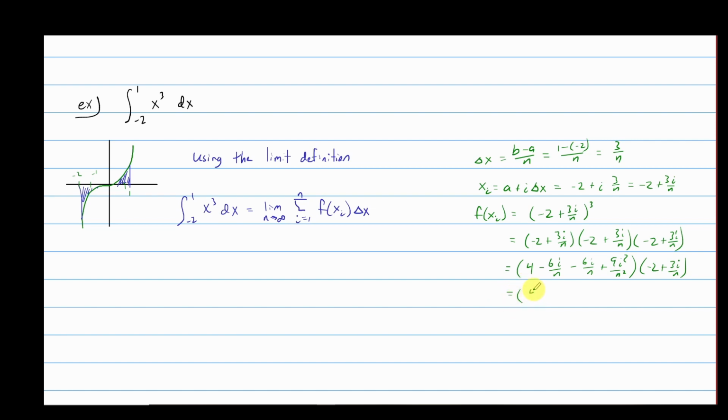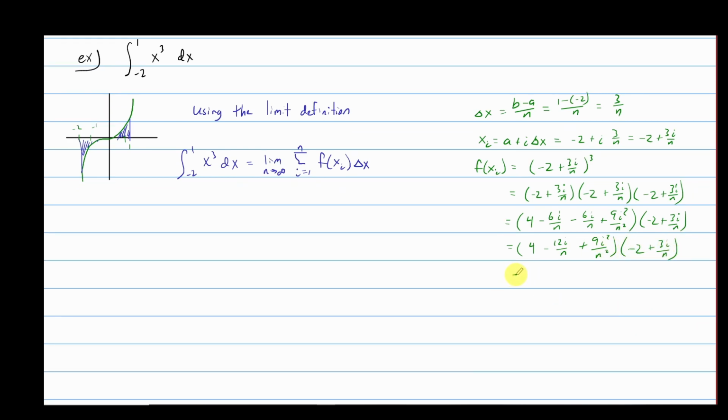Okay, so I want to simplify a little. -6i over n minus 6i over n will give me -12i over n. Okay, now we expand again. So I'm going to take each one of these times -2.